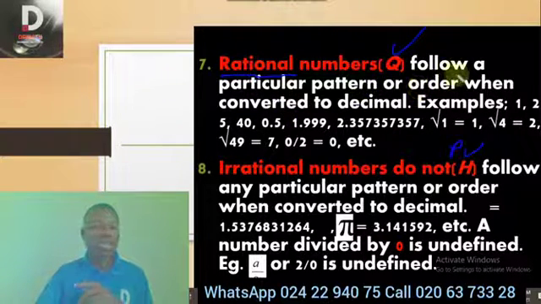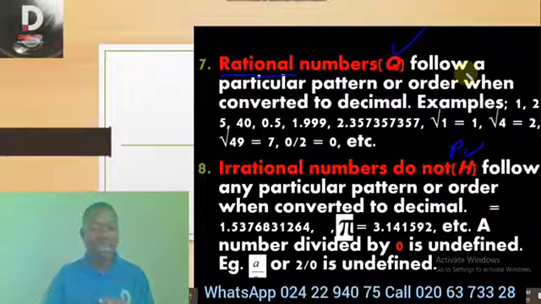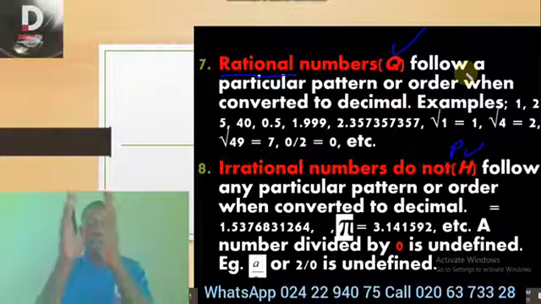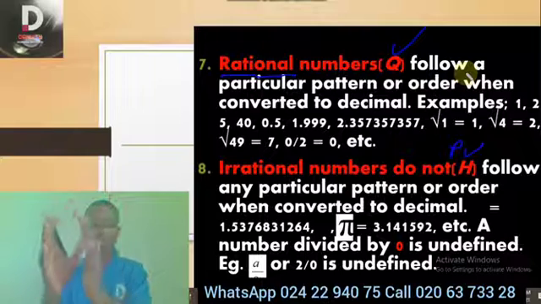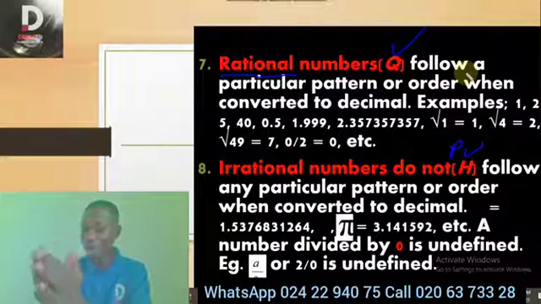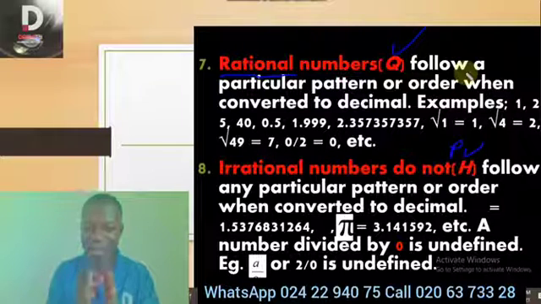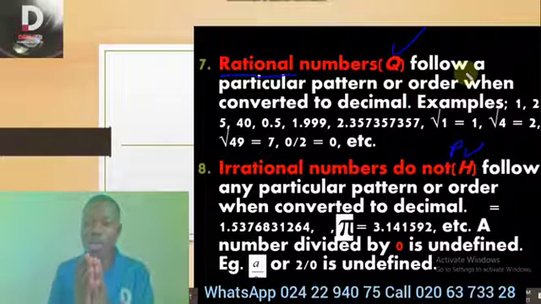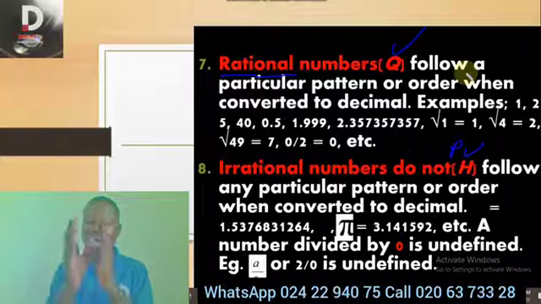So rational numbers are numbers that follow a particular pattern or order when converted to decimals. Or rational numbers are numbers that are terminated.